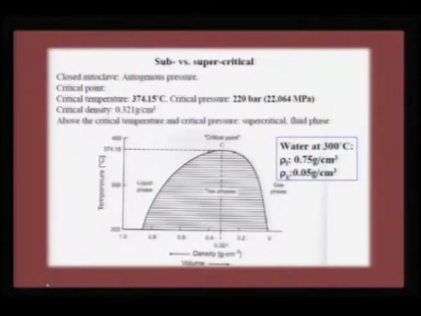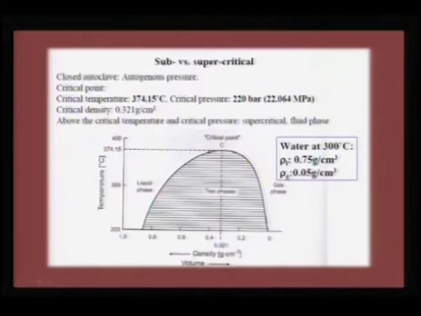Now, when we look at the phase diagram and how we get to this critical point, as we heat the autoclave, water will show different density as a function of temperature.